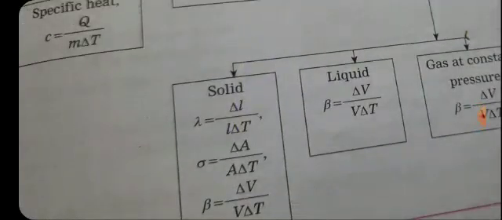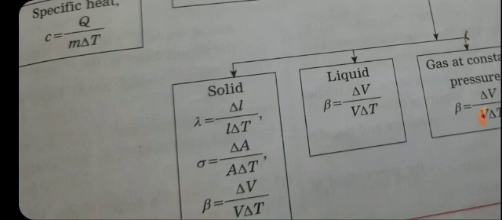Solids expand on heating and the formulas are given here. Lambda is the constant of proportionality and it is also called the coefficient of linear expansion of solid substance. Sigma is the coefficient of areal expansion of solid. Beta is the volumetric expansion coefficient of solid.